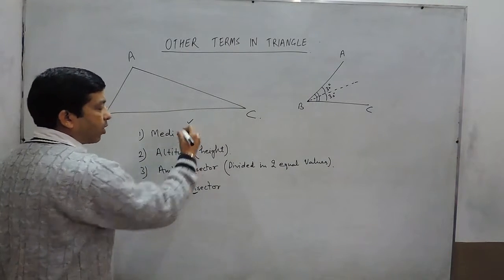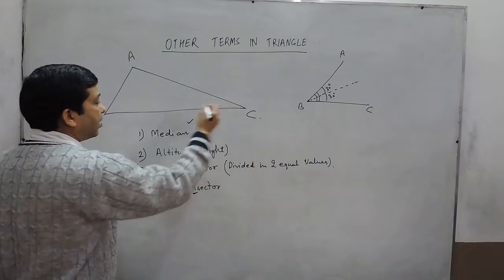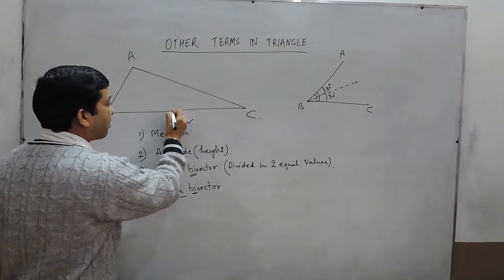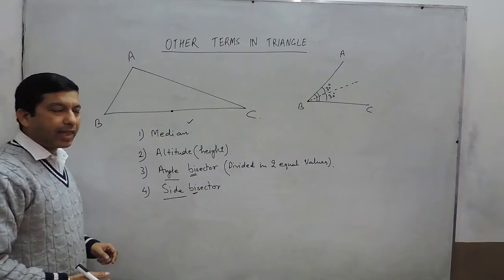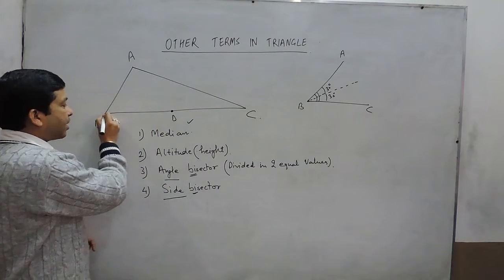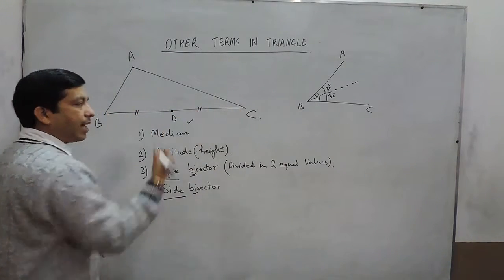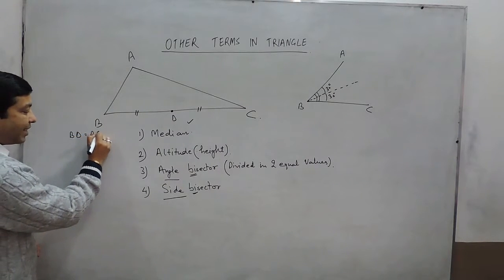Now we are defining the median. When I say a triangle has a median, that means from B to C, whatever the mid value is, if the length of BC is 20 centimeters, then I put a point at 10 centimeters, that is the midpoint of BC. So BD and DC both are equal, BD is equal to DC.